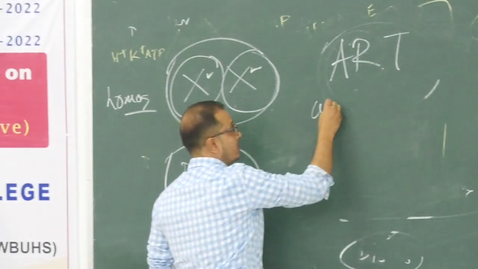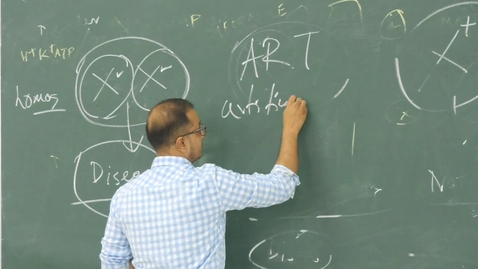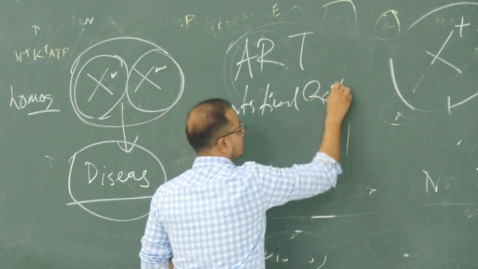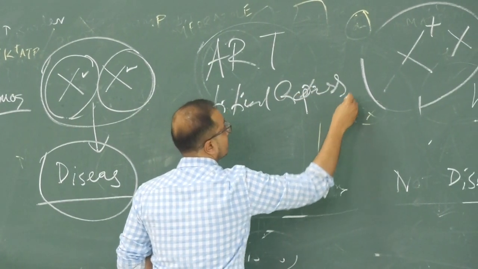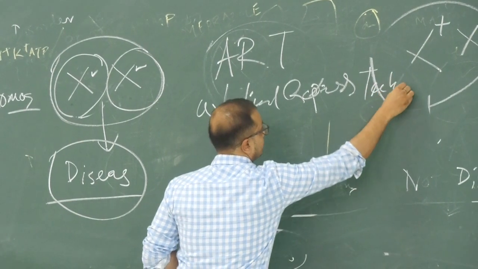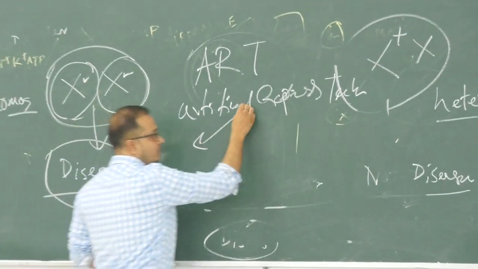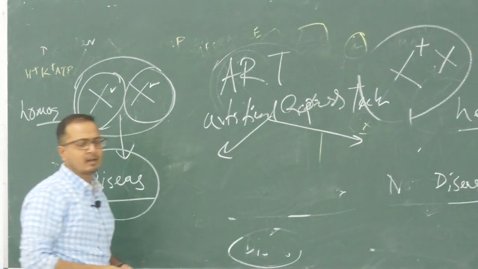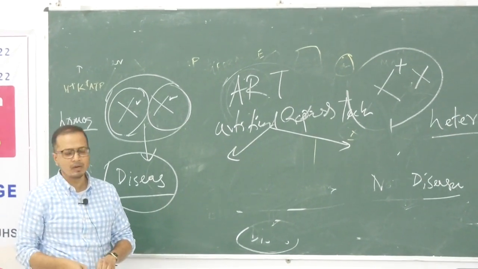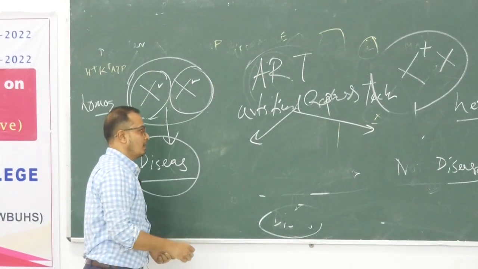So ART is artificial reproductive techniques, which could be in vitro, that means it is done inside the lab.